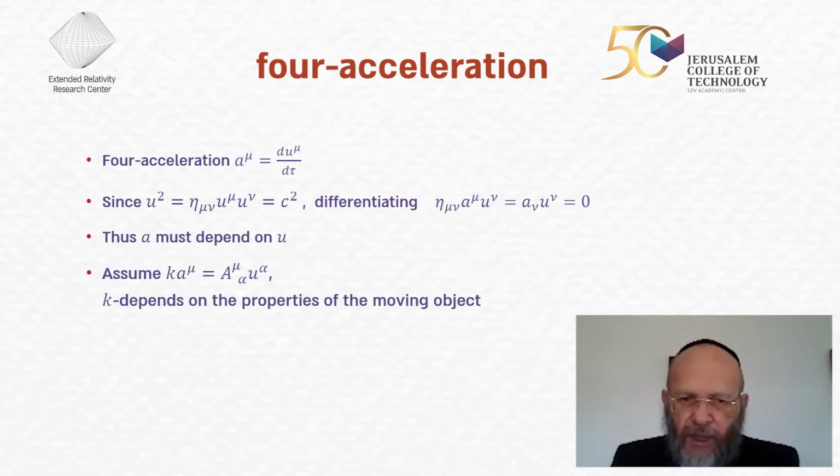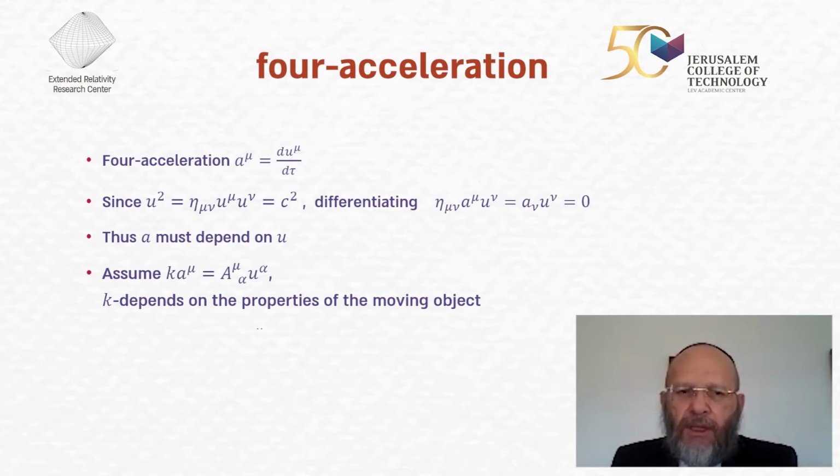Sometimes we'll talk about a lower index, then mu will also be below. K is a constant depending on the properties of the moving object. So this is the form that we will discuss today, when the acceleration has a linear dependence on the four-velocity.